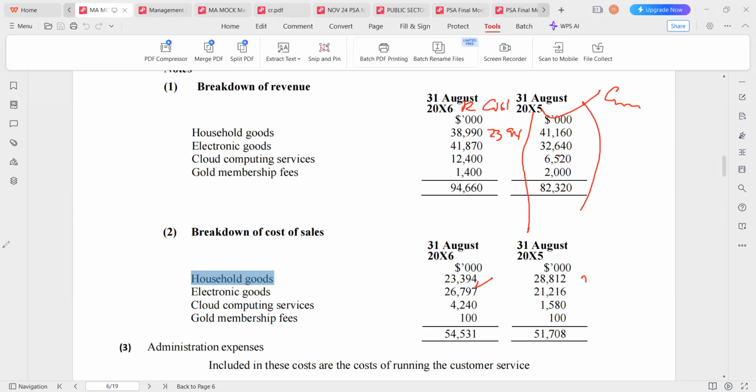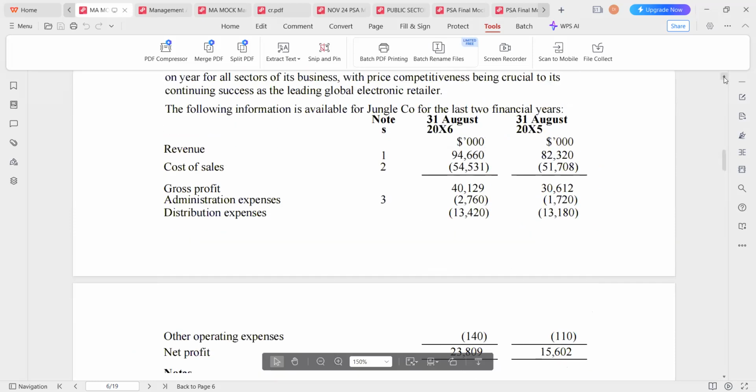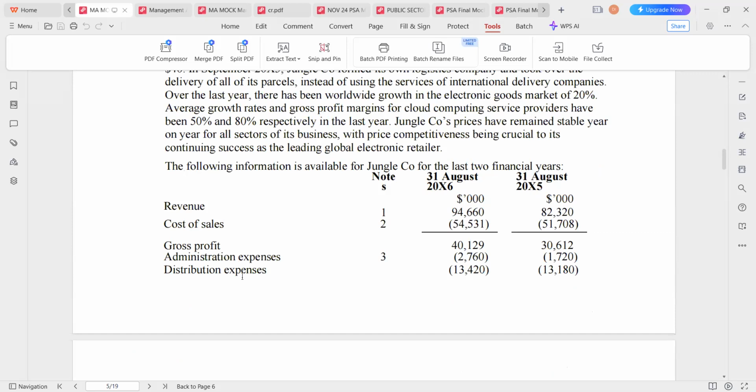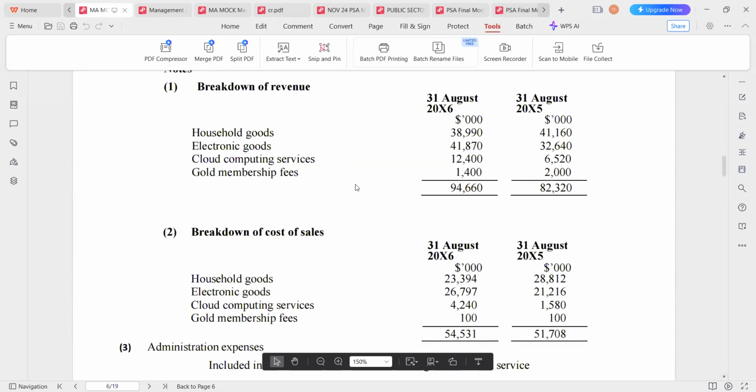You see, they have given us combined financial statements. They mention revenue, but their revenue is made up of how many products? 1, 2, 3, 4. Four products make up the revenue. The same as the cost of sales.